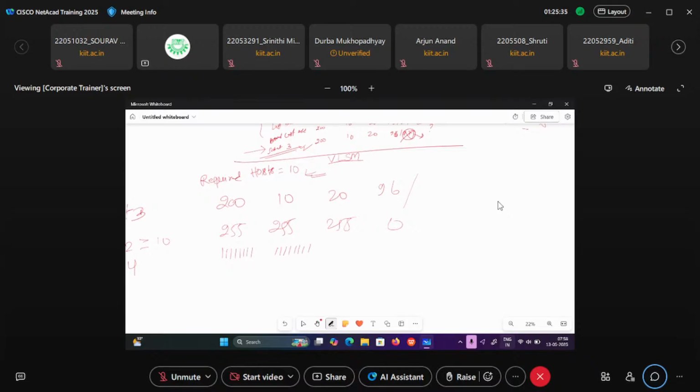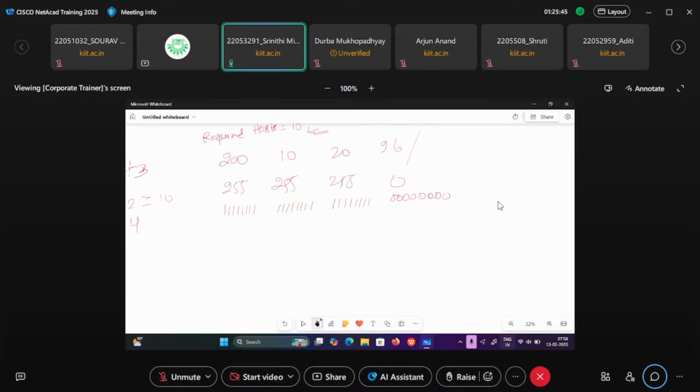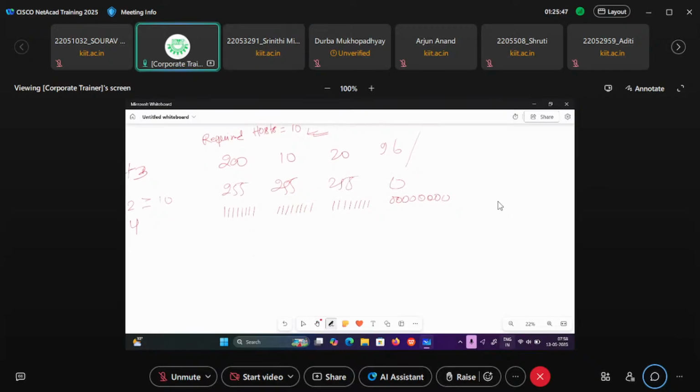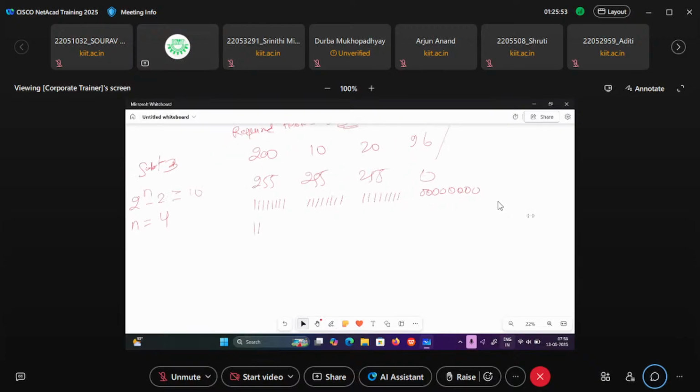Whenever it is classless addressing, outside of classful addressing, we need to do the AND operation. Now the next step is we have to change 4 bits. Here the host requirement means 4 zeros will be fixed, and the remaining bits you have to change. So it will become 1, 1, 1, and 1.